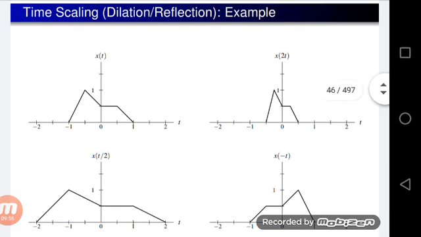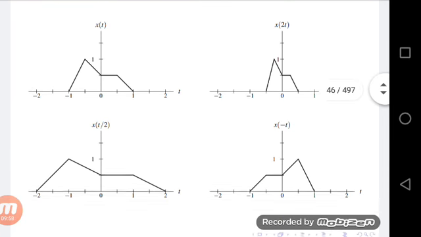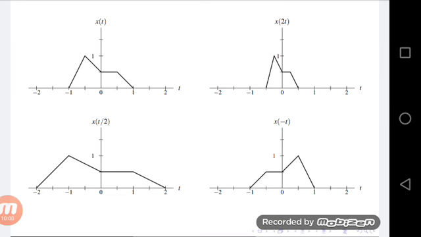These are the time scaling examples. In this also we are seeing different variations of the signal x of t. Some time intervals will be increased. For x of 2t, the signal lies between plus 0.5 and minus 0.5.